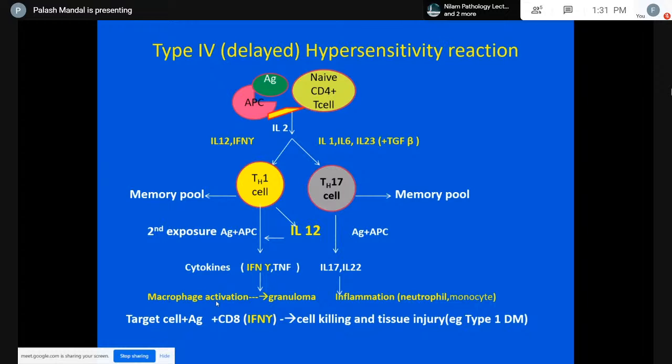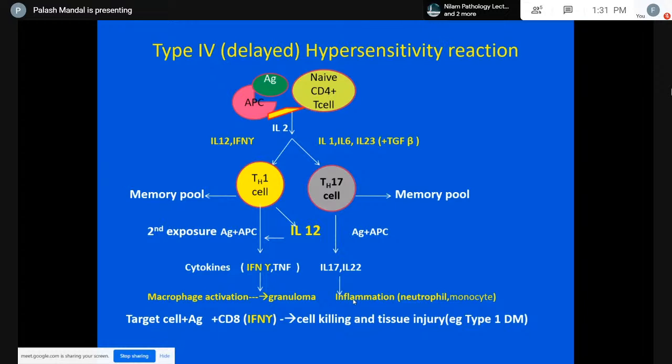Fine. Now this other group, the Th17 cell, what does it do? Whenever there is a second antigen exposure, the antigen presenting cell leads to the liberation of interleukin 17 and interleukin 22. Not the same ones, not IL-1, IL-6, IL-23. There is a separate subset of cytokines, interleukin 17 and 22, leading to acute inflammation.